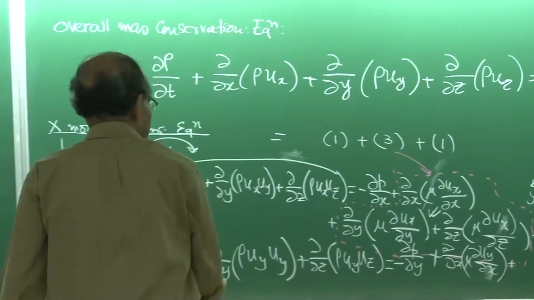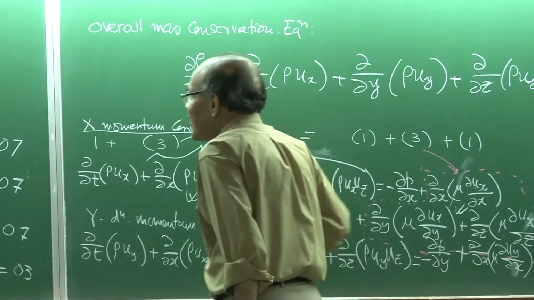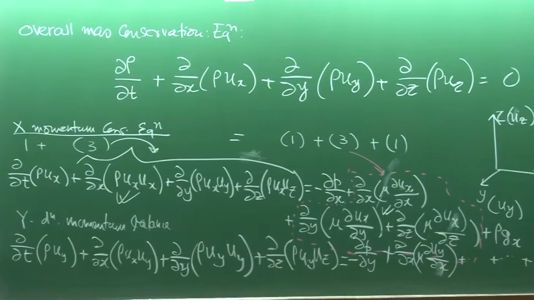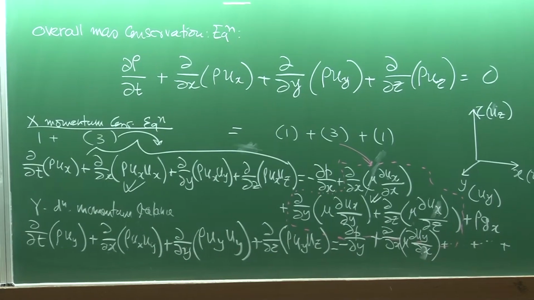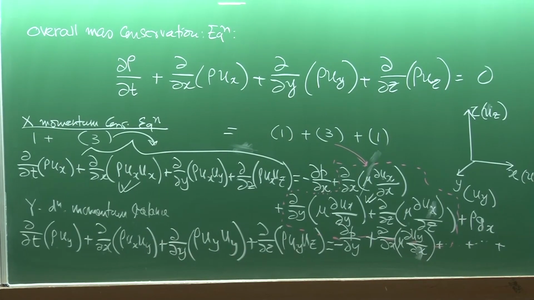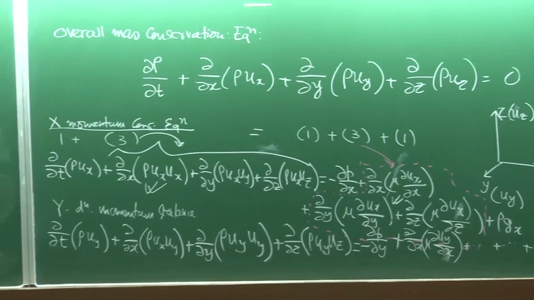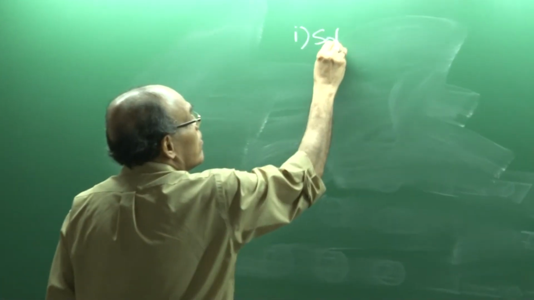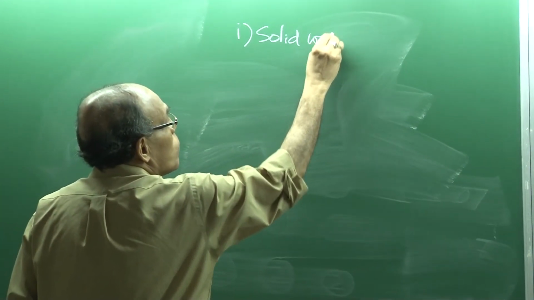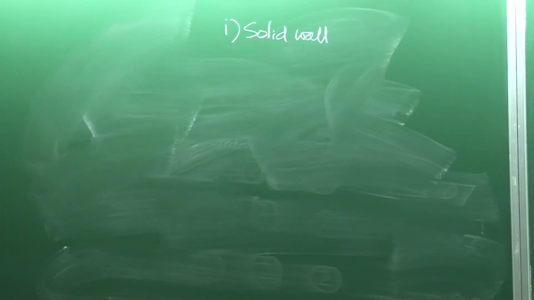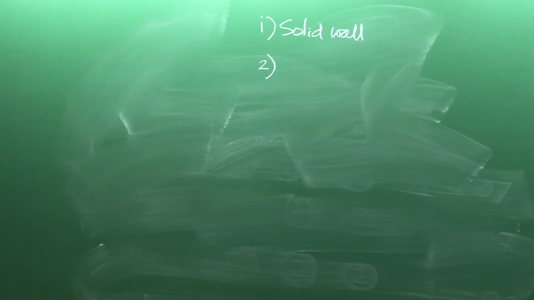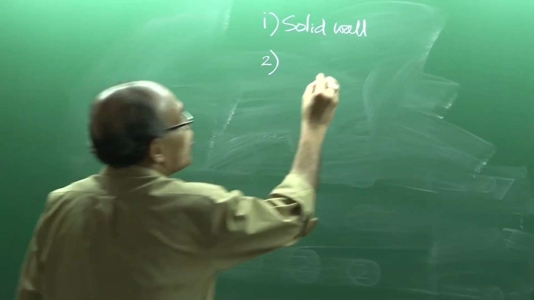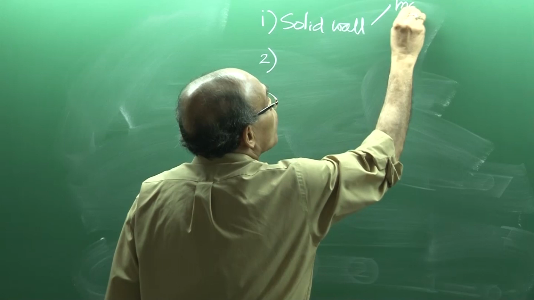Now, let us look at how the boundary conditions are written. In the context of the film flow problem, we have seen, and I have also told you, that we can have a solid wall as one type of boundary. We have also seen that this solid wall could be either moving or stationary.